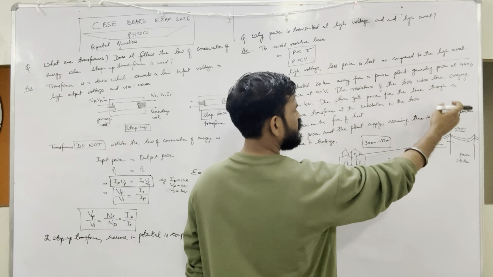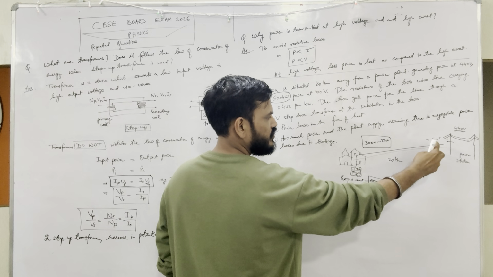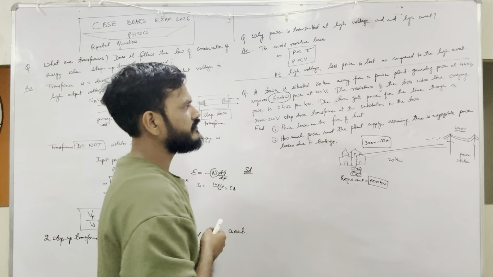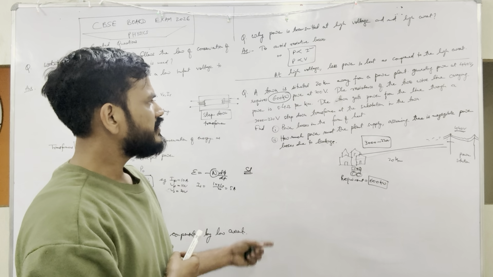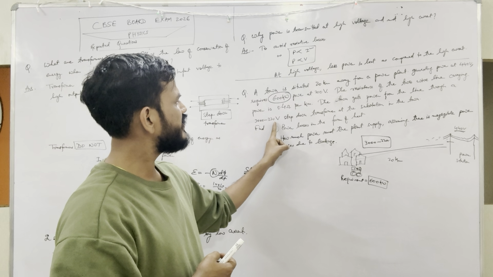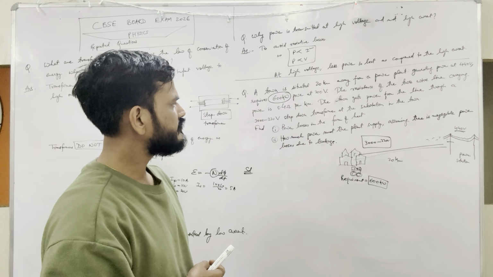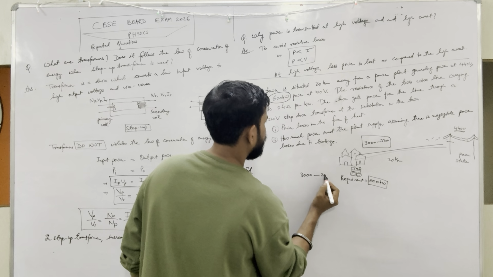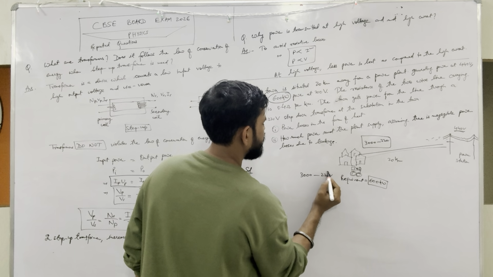The power is transmitted through two wires, and the resistance is 0.4 ohm per kilometer. The town gets power through a 3000 to 220 volt step down transformer.